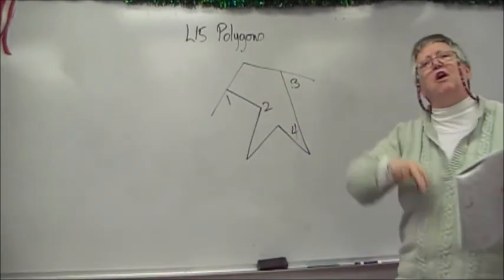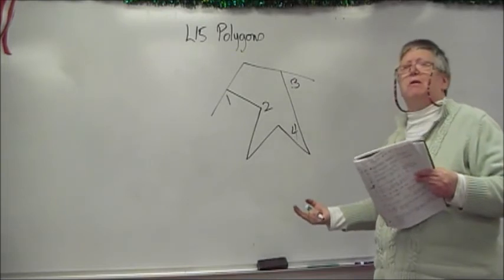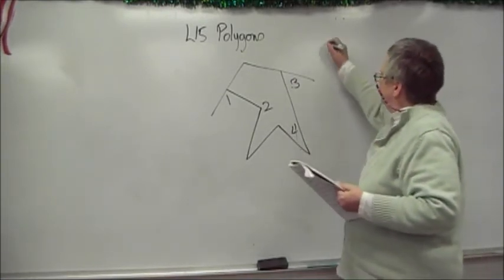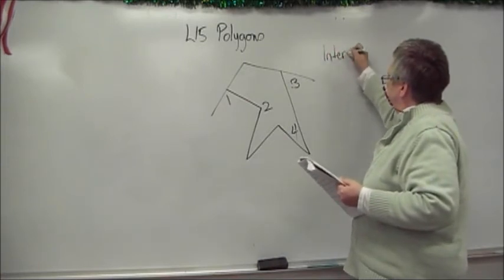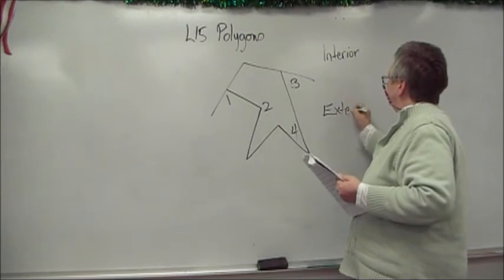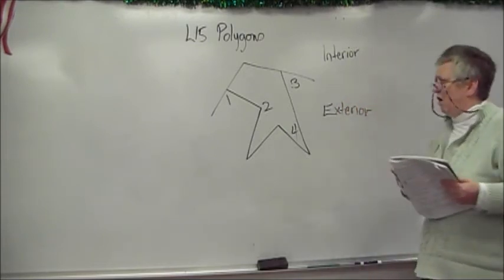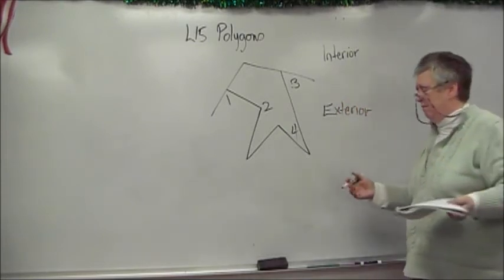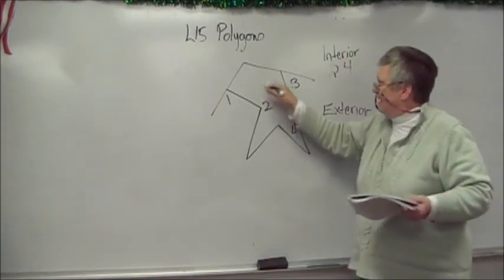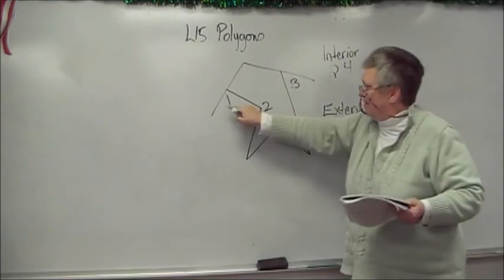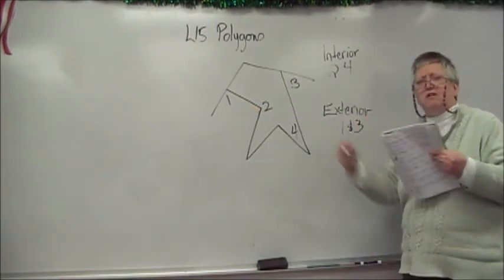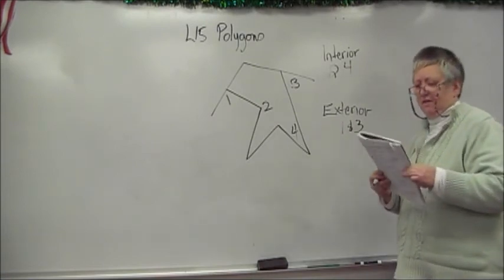So which angles are inside, which would be called interior angles, and which ones are exterior or outside? So interior and exterior. So of the angles that are inside the shape, that's 2 and 4. If this is my regular shape here, the outside ones would be 1 and 3. So we have interior and exterior.